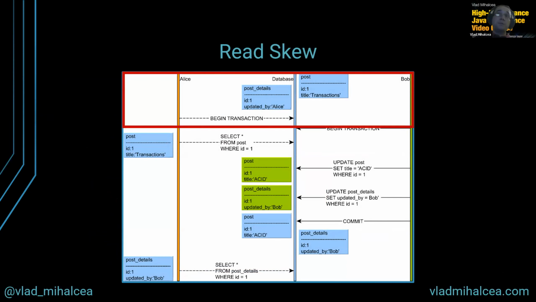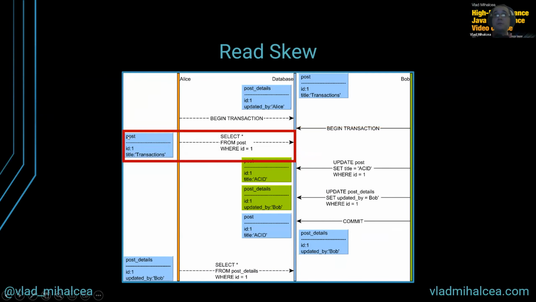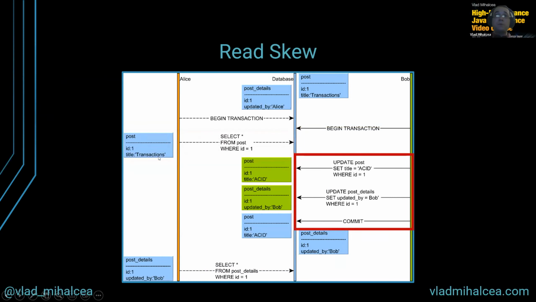Every time I'm writing the post, I have to mark down who made the modification. So Alice reads the post with the title transaction, now follows Bob, who makes a modification. He changes the title of the post, and of course the updated by column in post details is updated, marking the fact that Bob made the modification.